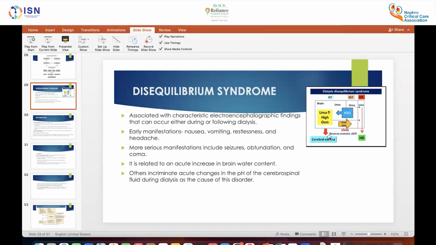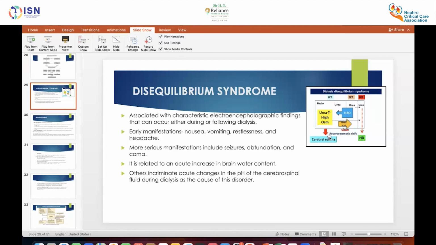It depends upon the rate of rise, how slowly it has risen, and whether the body or the brain has adjusted to it. That is when the disequilibrium happens in that scenario. So we give 2 hours, 2.5 hours of dialysis the first day, then 3 hours the next day, then give a gap, then give another 4 hours another day.